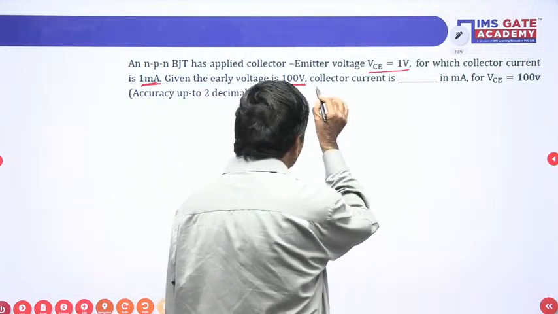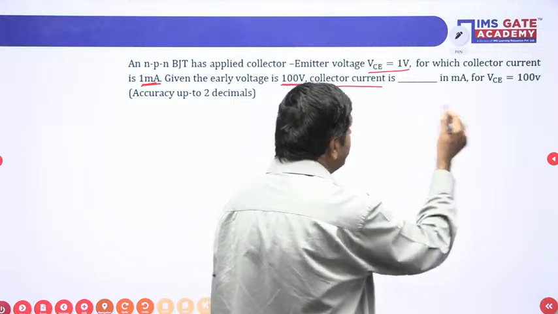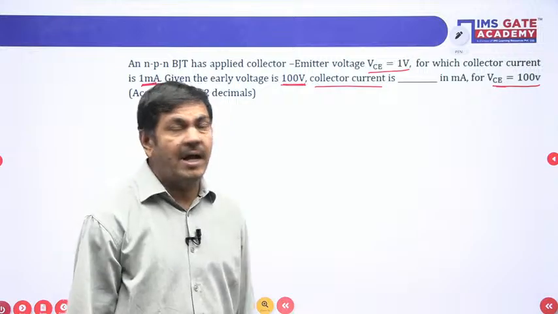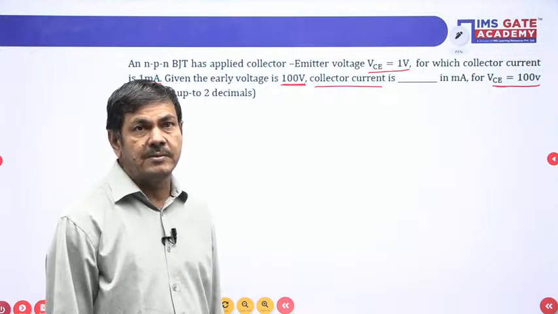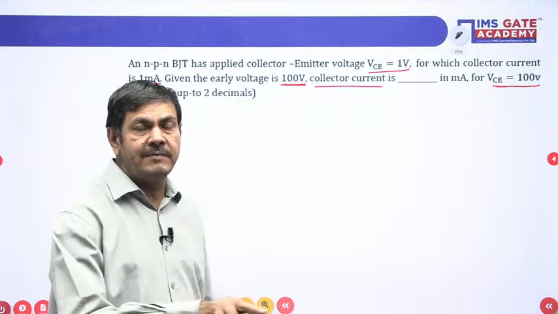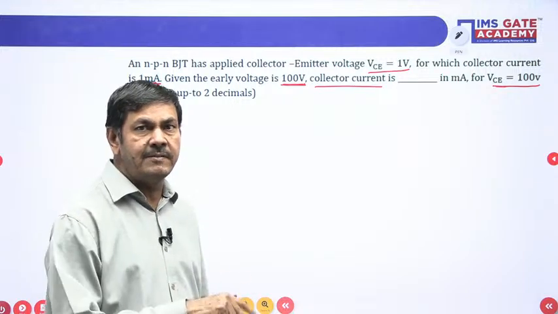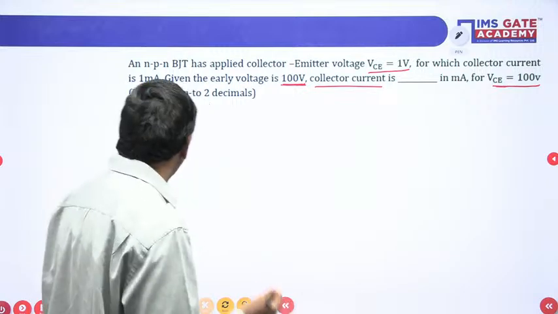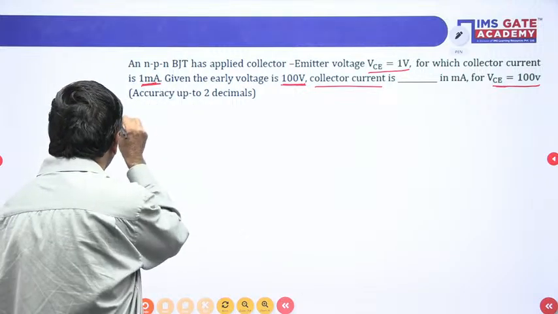I want the collector current in milliamperes for VCE equal to 100 volts. VCE2 equals 100 volts, what is IC2? IC1 is given, IC2 is required. VCE1 is given, VCE2 is also given. How can we find it? Please watch, I will do it clearly.